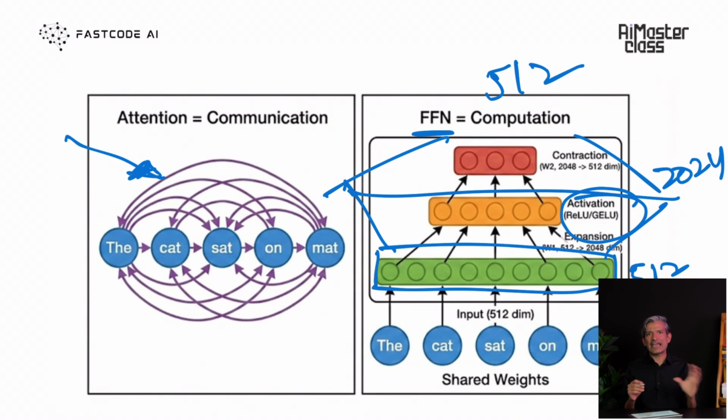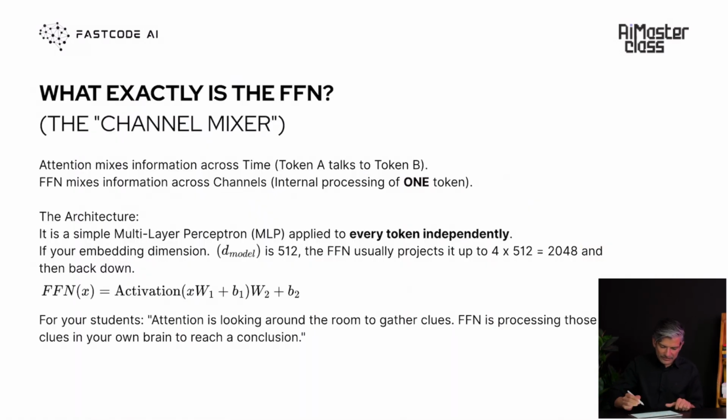It's essentially an MLP. It's a feed forward network. And again, there is no mixing across tokens, right? It is just at the single token level. And what is this channel mixer? Attention mixes information across time. So attention is basically the one which looks across tokens, but the FFN mixes information across channels, right?